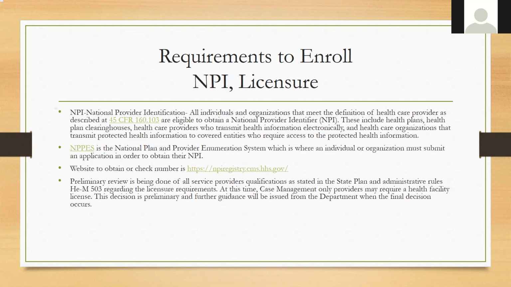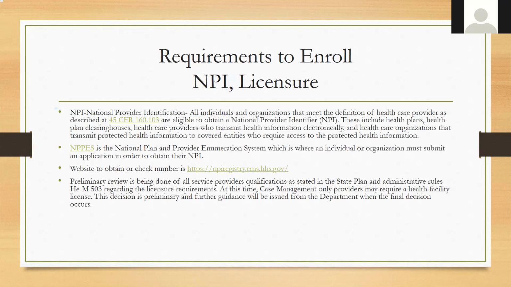Now, we have been doing a preliminary review of all service provider qualifications, and I did not have that completed for this training. That will have to come at a later date. We are categorizing services into specialties, and it will identify qualifications that each specialty needs in order to have that specialty listed under your provider ID number.